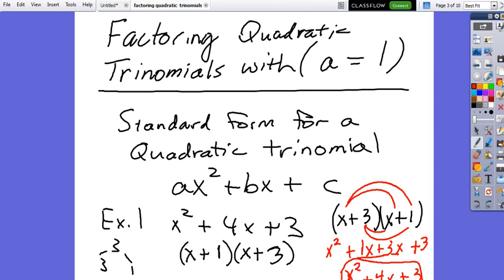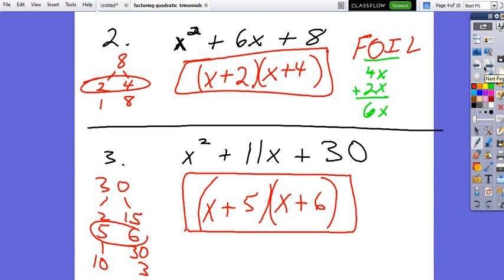Now, here are two more examples. You can copy these down real quick. So let's look at these two examples. Again, a is 1, so we don't write the 1, but it's there. We are going to take the square root of x squared.